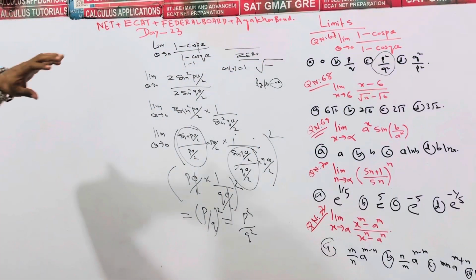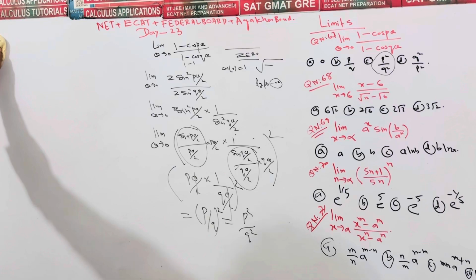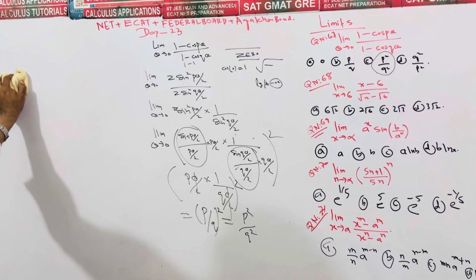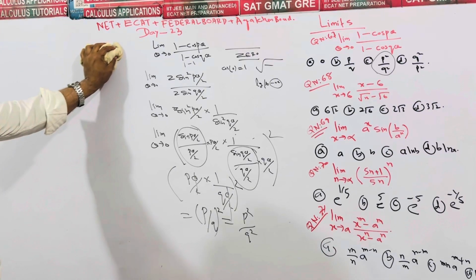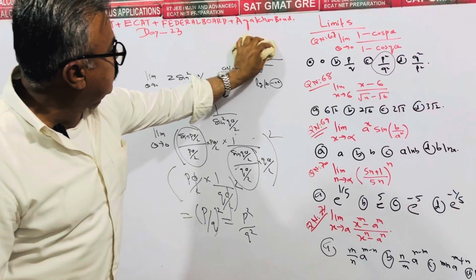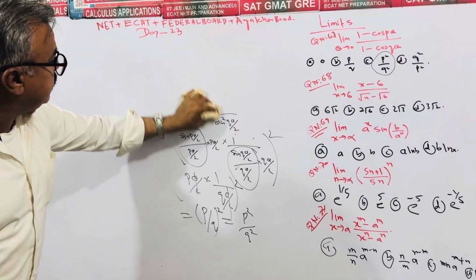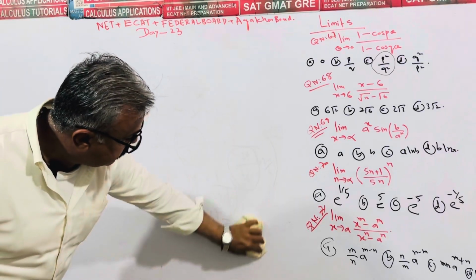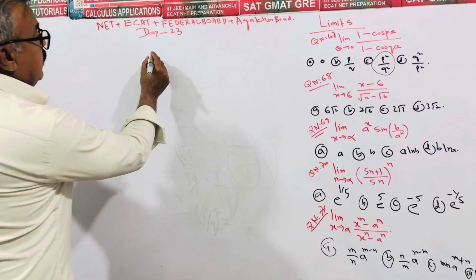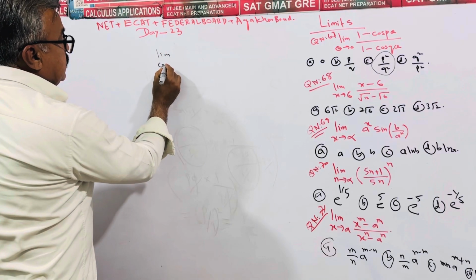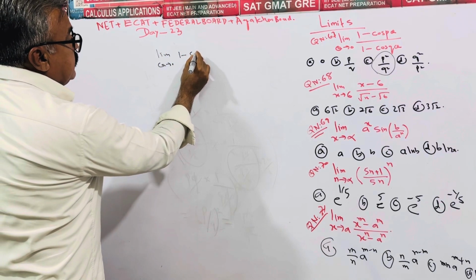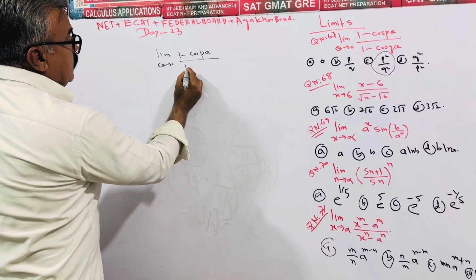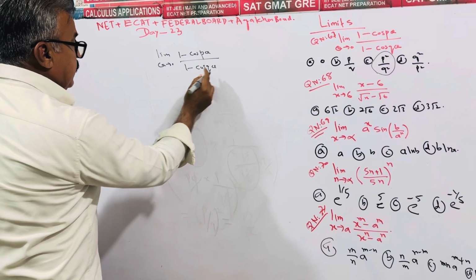There is another method: one can apply L'Hospital's rule to achieve a good score within no time in limits. Let me show you this one as well. Same limit, theta tends to 0, 1 minus cos p theta over 1 minus cos q theta.